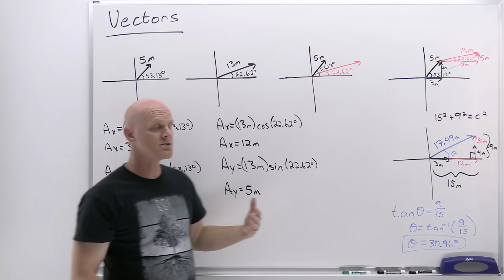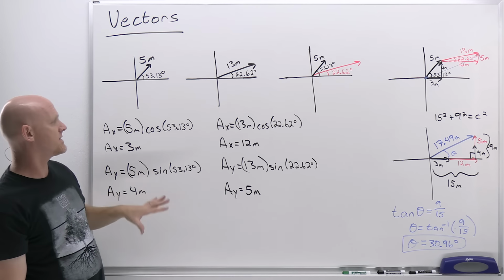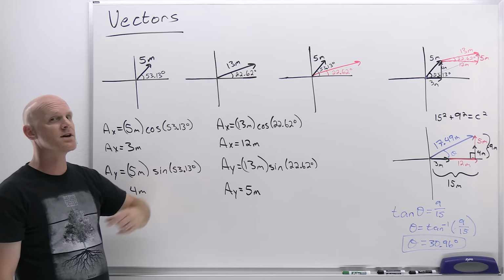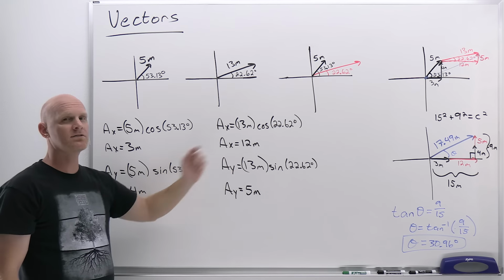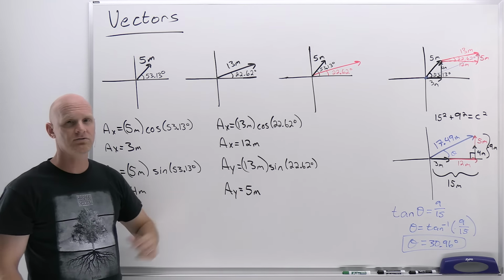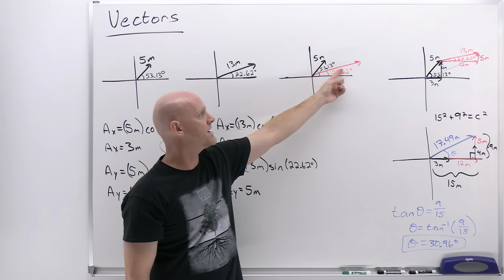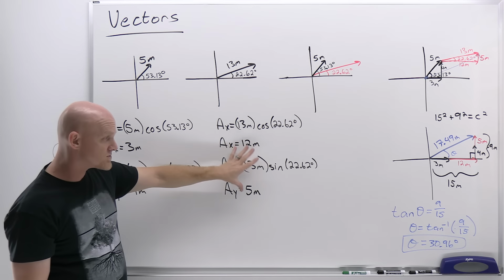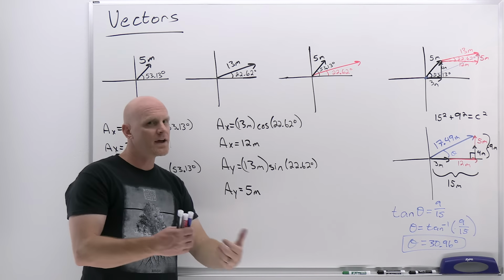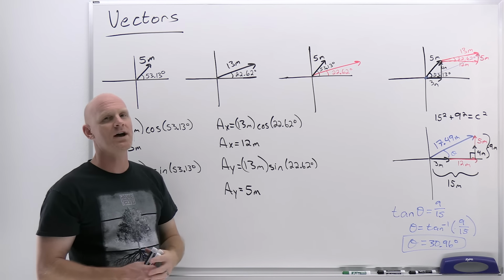What does that mean in terms of your x and y components? Well, if I was doing this vector minus this vector, instead of doing 3 plus 12 for the x component, it would be 3 minus 12. And instead of 4 plus 5, it would be 4 minus 5. What if I was doing the red vector minus the black vector? Then it'd be this one minus this one. It's kind of like just adding the negative of a vector, same thing as subtracting vectors.